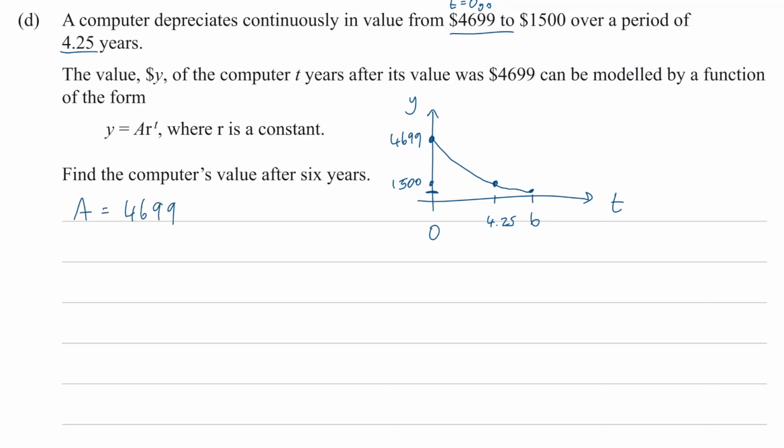But if you're wondering how I know that a is actually that, we could substitute in a point. Remember, when time is 0, y was 4,699.